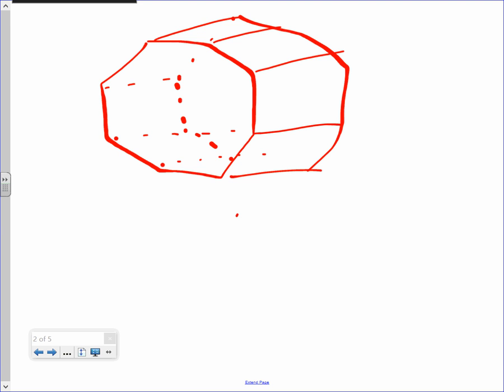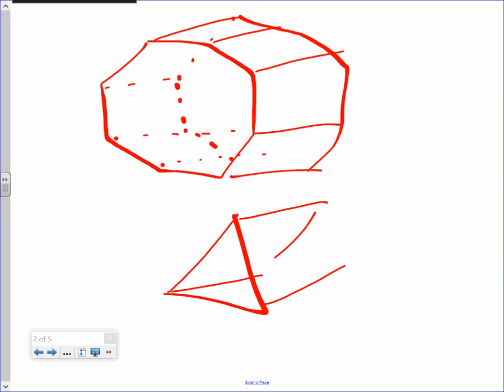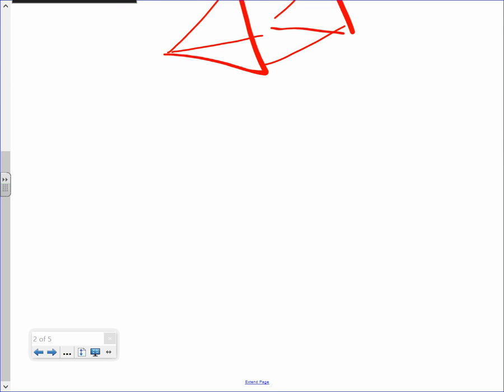What would this one be called, Moreno? What kind of prism would that be? Triangular prism. What would this one be?